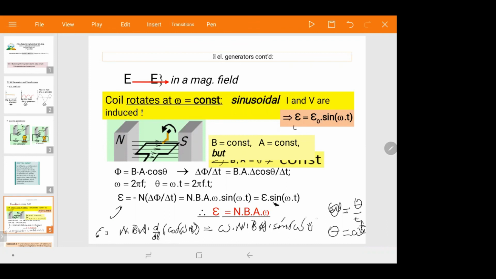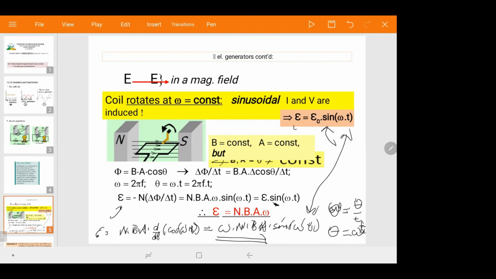All right? So that means, as we assumed in the beginning, that if the induced EMF is sinusoidal and you write it with the formula epsilon zero, the peak voltage, times sine omega t, then comparison of coefficients of sine omega t gives you the fact that whatever you have in the derivation in front of the sine term must represent the peak voltage.